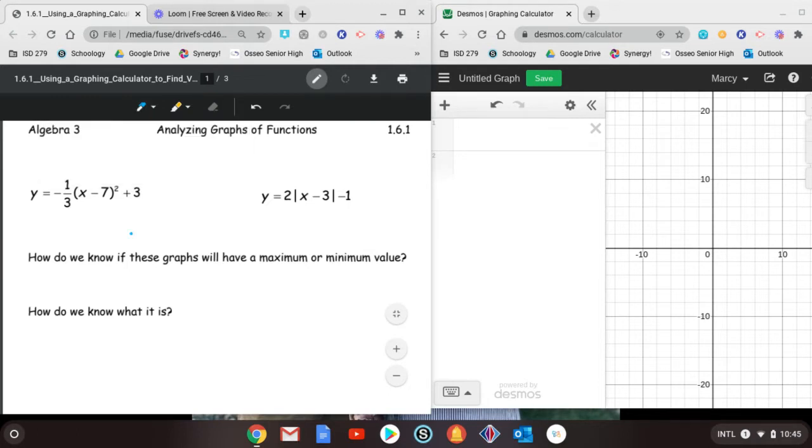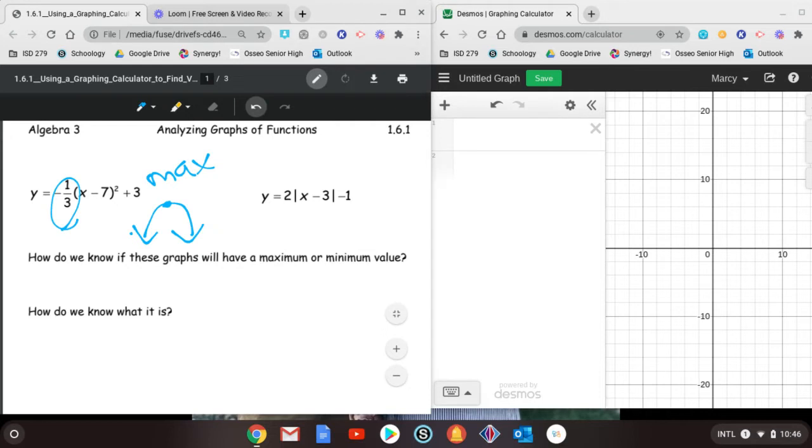Here, your A value, if you remember, flips if it's negative. This is a normal x squared graph, so it would normally look like a parabola, except now it's flipped. So that means this is going to be your maximum.